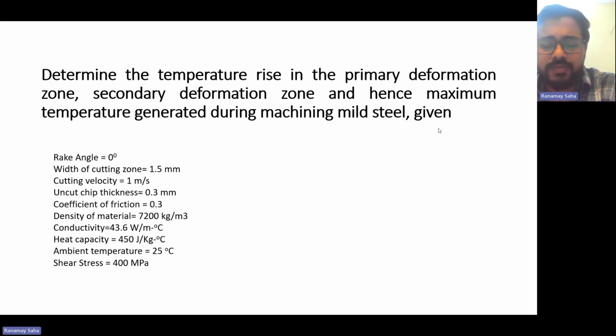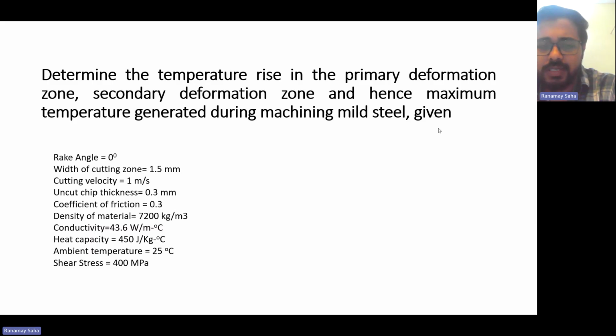The primary deformation zone is where there is an interaction between the tool and the chip. The secondary deformation zone is between the chip and the workpiece, and there is a tertiary deformation zone between the tool and the workpiece. The last deformation zone generates the least amount of heat because the tool can be designed in such a way that the nose radius is minimum, so there is very little area of interaction between the tool and the workpiece.